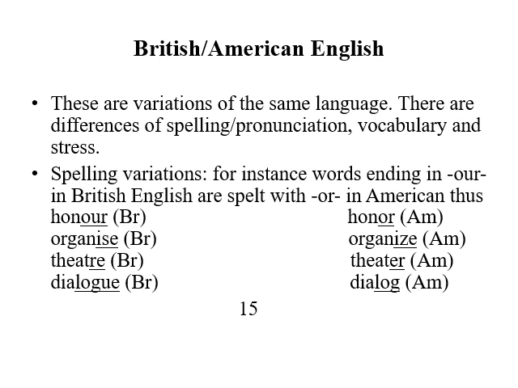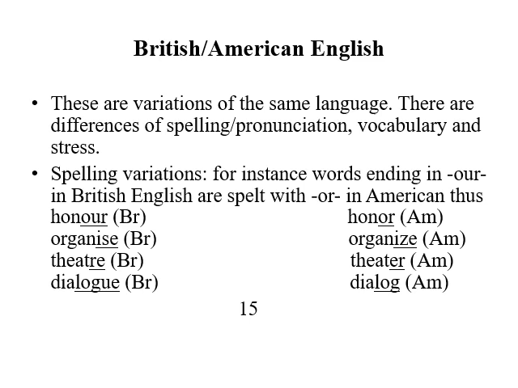Now, in the case of spelling variations, here you have some examples. If you look at words ending in OUR in British spelling, here you have honour, spelled HONOUR, but the American spelling is without the U, so you have HONOR.